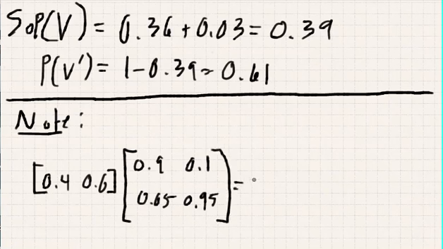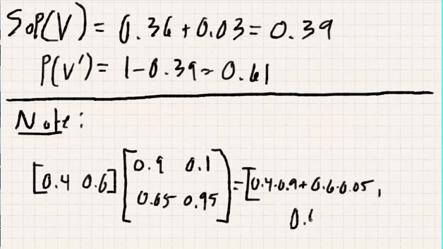Well, when I multiply this out, I get 0.4 times 0.9 plus 0.6 times 0.05. And just because I'm running out of room, let me write the second entry down here. The second entry will be 0.4 times 0.1 plus 0.6 times 0.95.